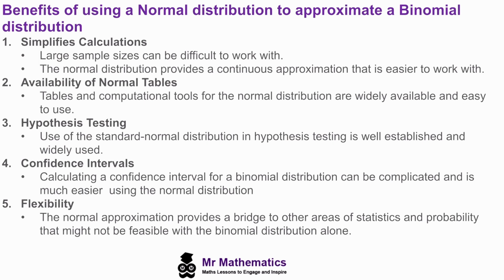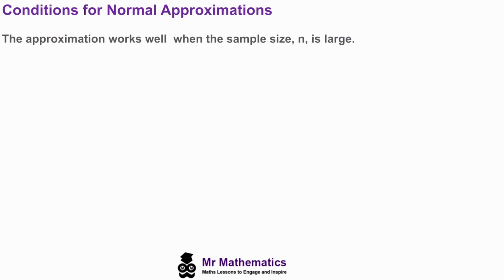So now we understand the benefits of why we would approximate a binomial with a normal distribution. We need to understand the conditions under which we can do this. The approximation works well when the sample size n for the binomial distribution is large.